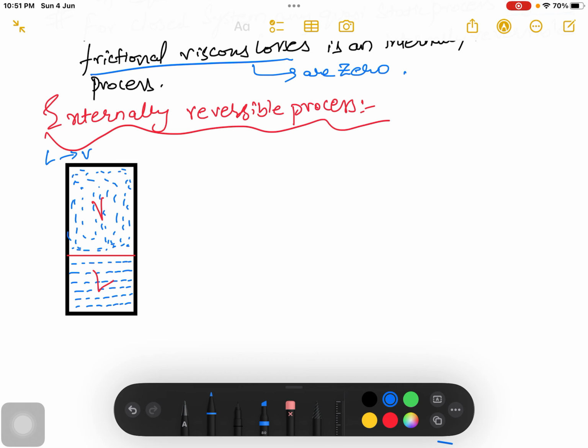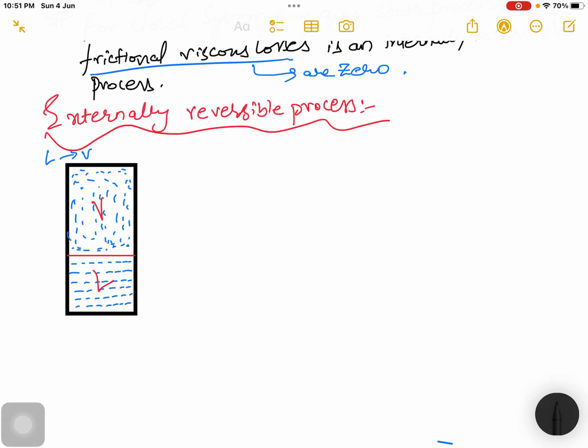So what I will do is there will be a heat transfer from the surrounding to the system.